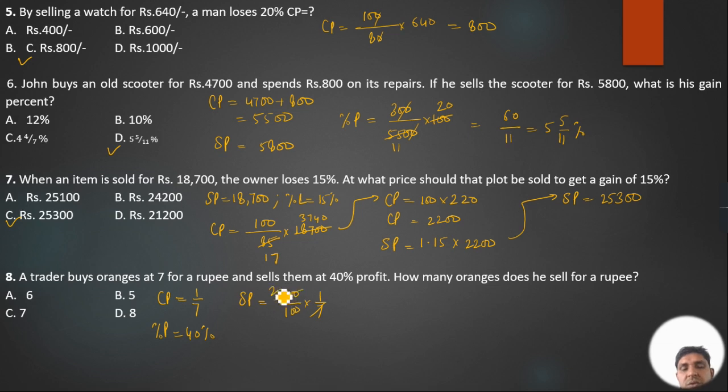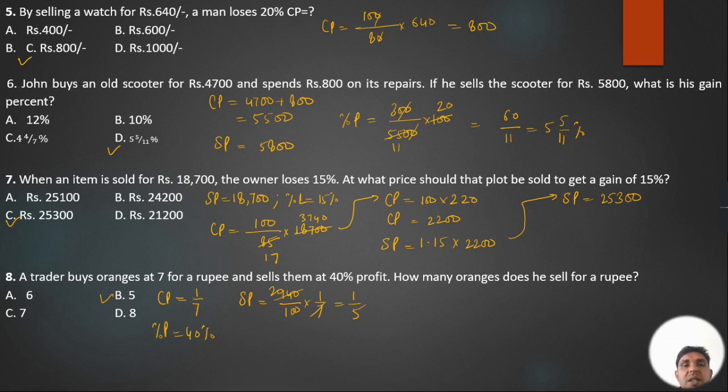When solving, the selling price will be 1 by 5. So when the cost price was 1 by 7, oranges were being bought 7 for a rupee. Now the selling price for one orange is 1 by 5. So how many oranges should be sold for a rupee? The answer of this question will be 5.